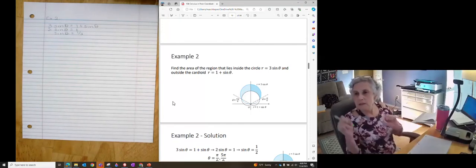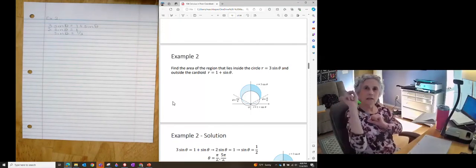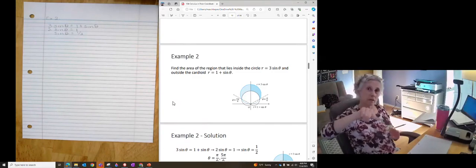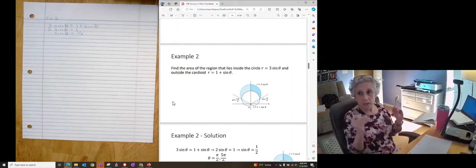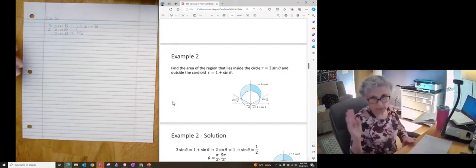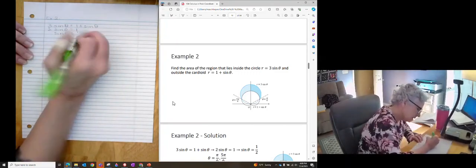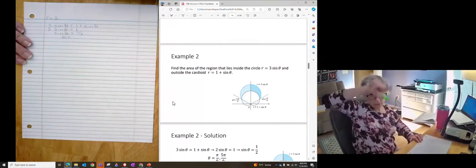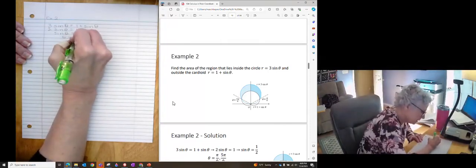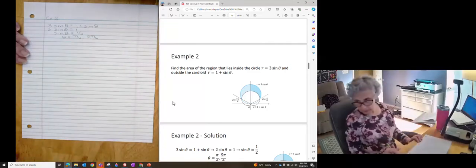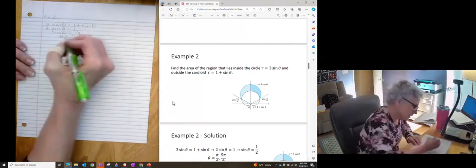The cardioid takes the interval from 0 to 2 pi in order to draw it. The circle, 3 sine theta, is drawn completely over the interval from 0 to pi, but we get 2 intersection points in that interval from 0 to pi because sine is equal to 1/2 on the top half of the unit circle at pi over 6 and 5 pi over 6, just like the picture says.